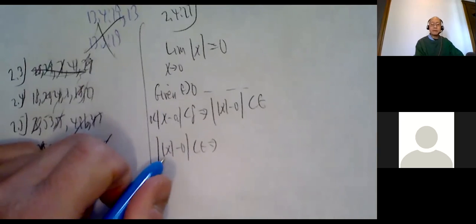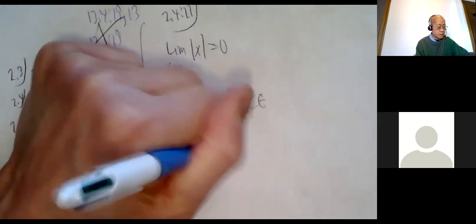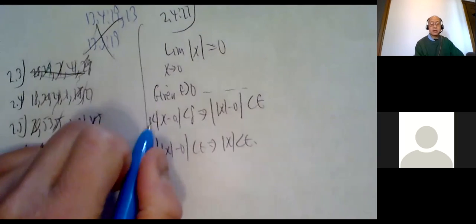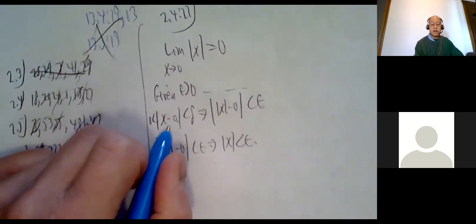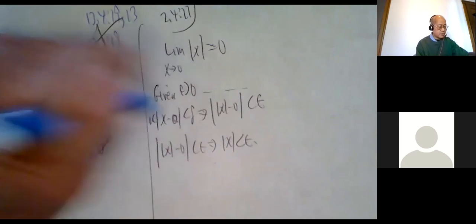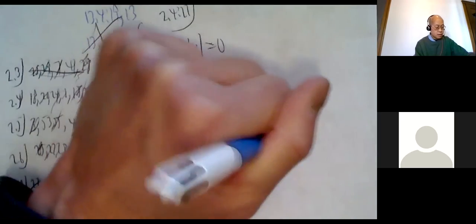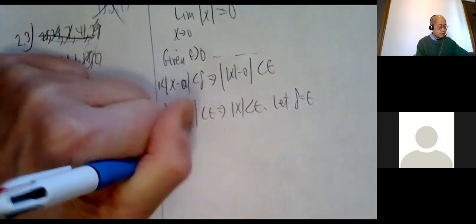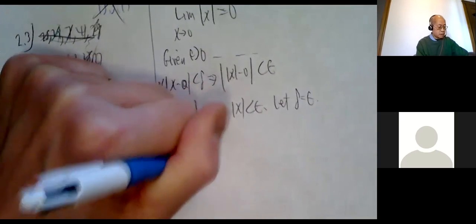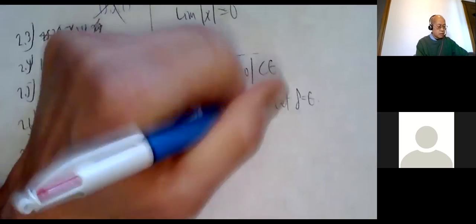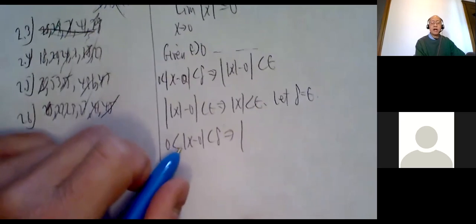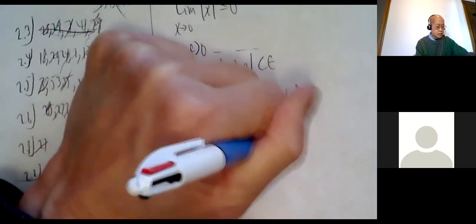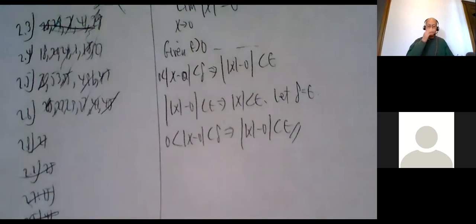Well, the absolute value of x is the same as absolute value of x. Okay, and now that looks like the left-hand side where this should be x minus 0. So let delta equal epsilon. So the proof: 0 less than absolute x minus 0 less than delta implies absolute value of x minus 0 is less than epsilon. That's the end of the proof.